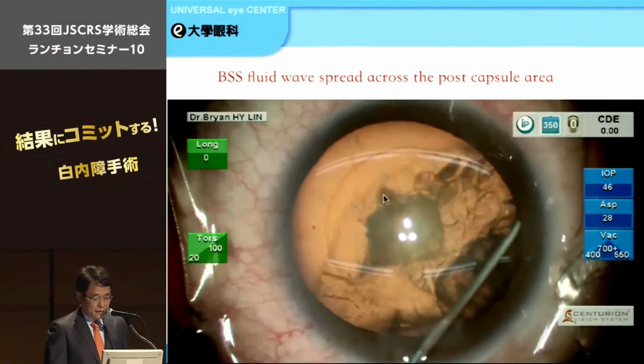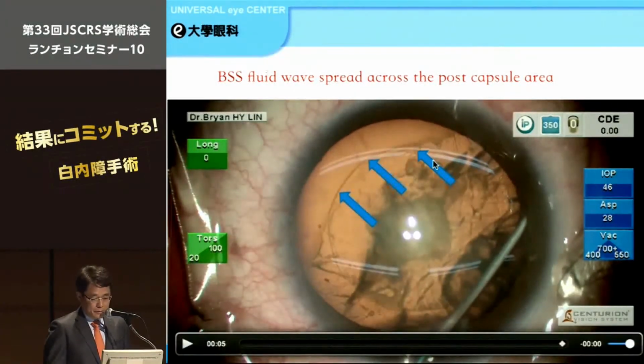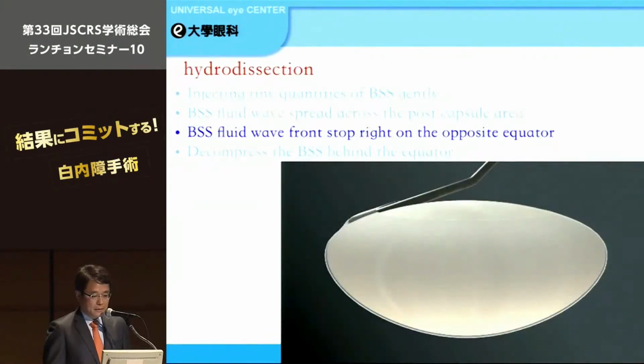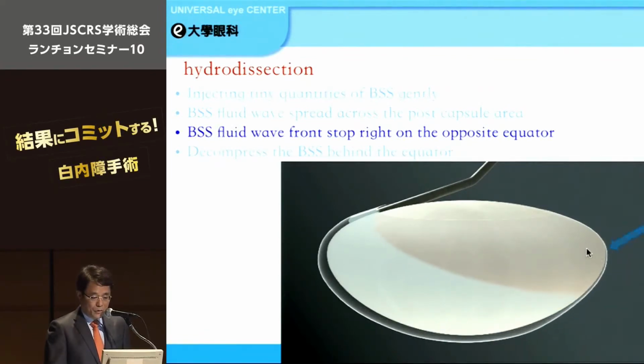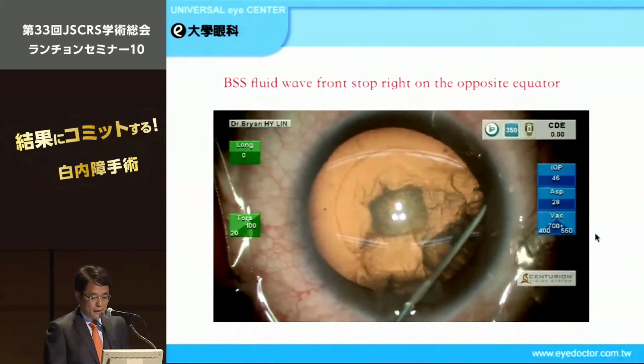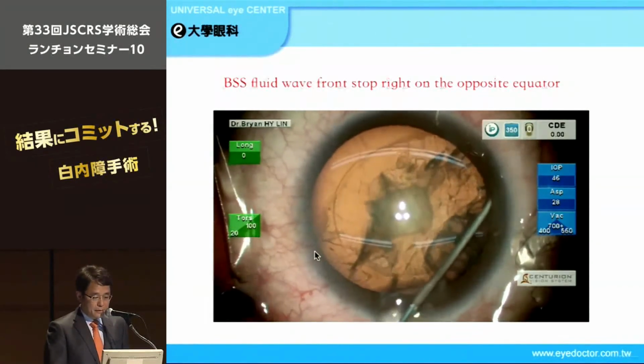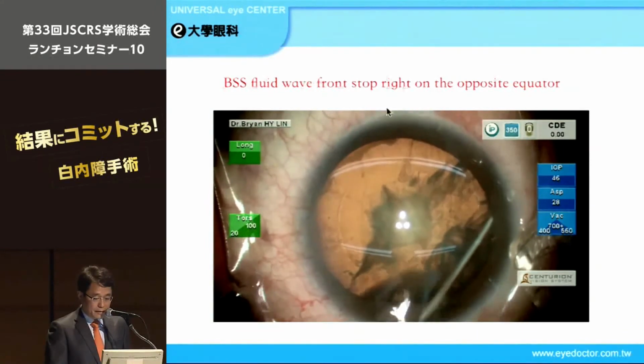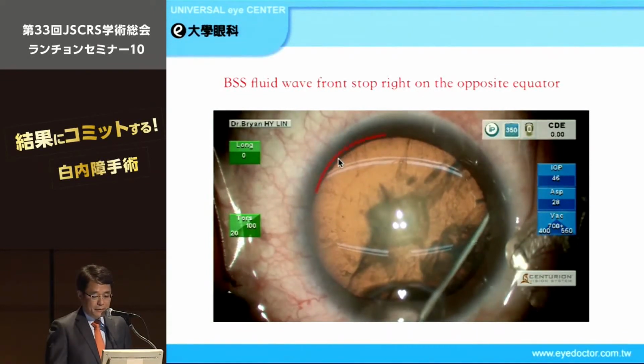Also spread across the posterior capsule area. The next step, the BSS fluid wave front should stop right on the opposite equator. We can see the BSS fluid wave front stop right on the opposite equator.